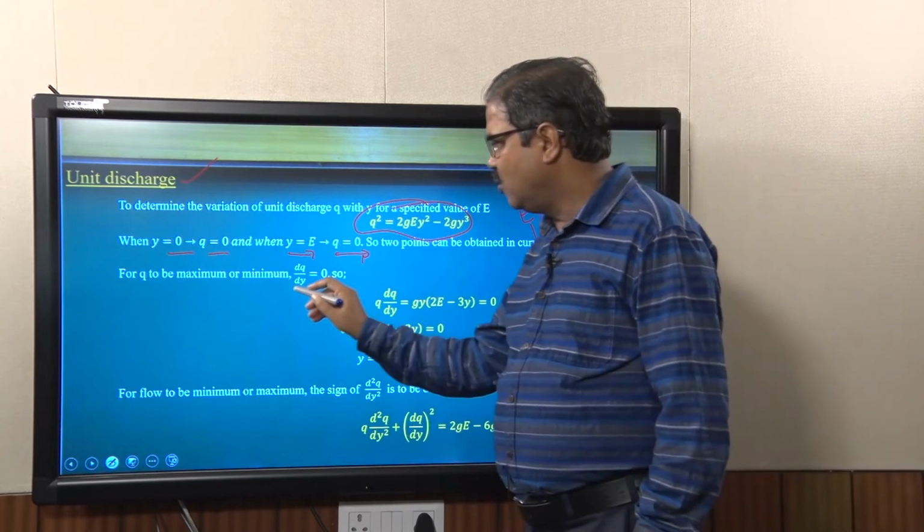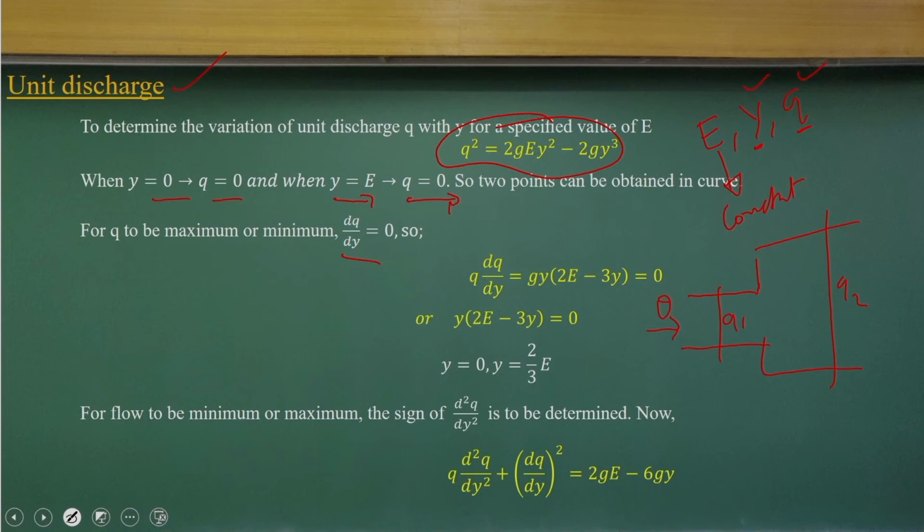We are just looking at where it will be the maximum or minimum. So we look at the first derivative of Q with respect to Y and the second derivative.